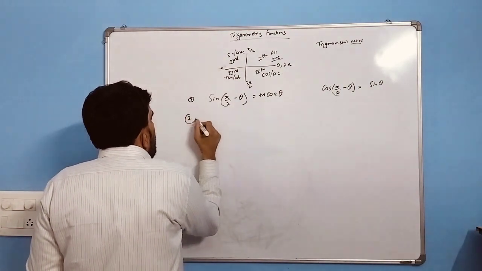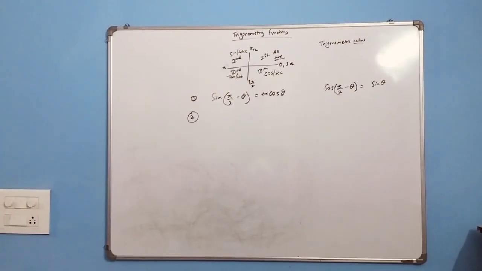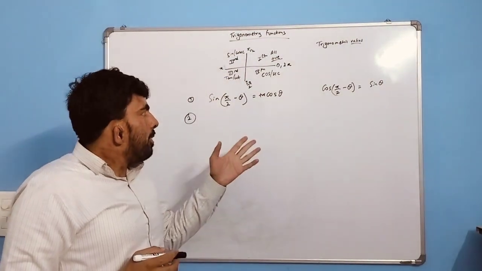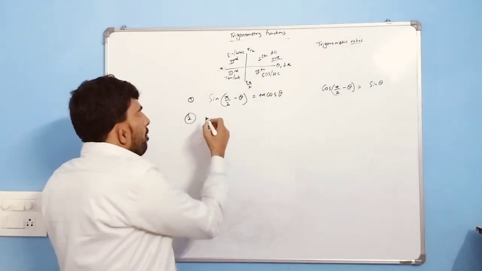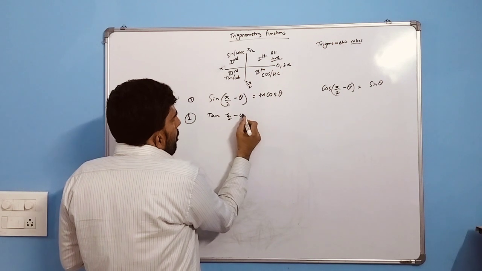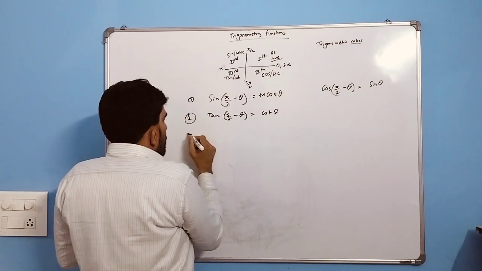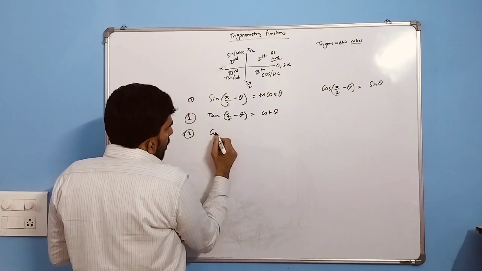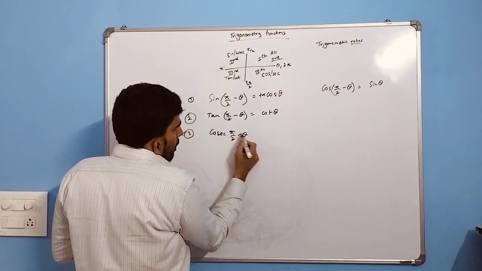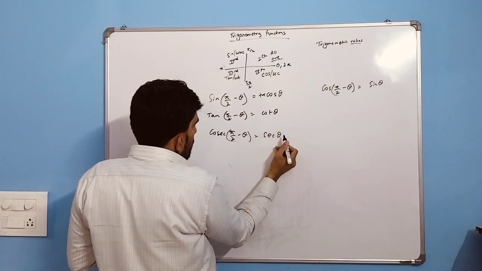Now we'll move to the second formula. See, we have sin 90 minus theta is cos theta. Now tan 90 minus theta will be cot theta. One more: cosec 90 minus theta will be sec theta.